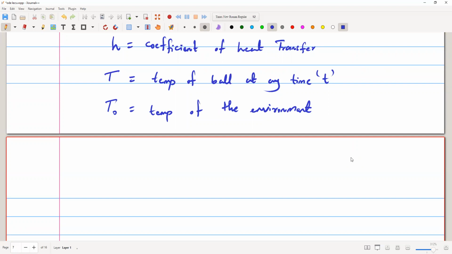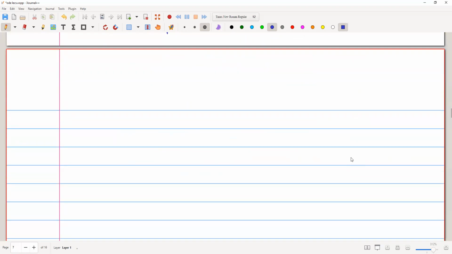So the conservation of energy principle. We know that the conservation of energy principle says that energy can neither be created nor be destroyed, but it can be transferred from one form to another, right?